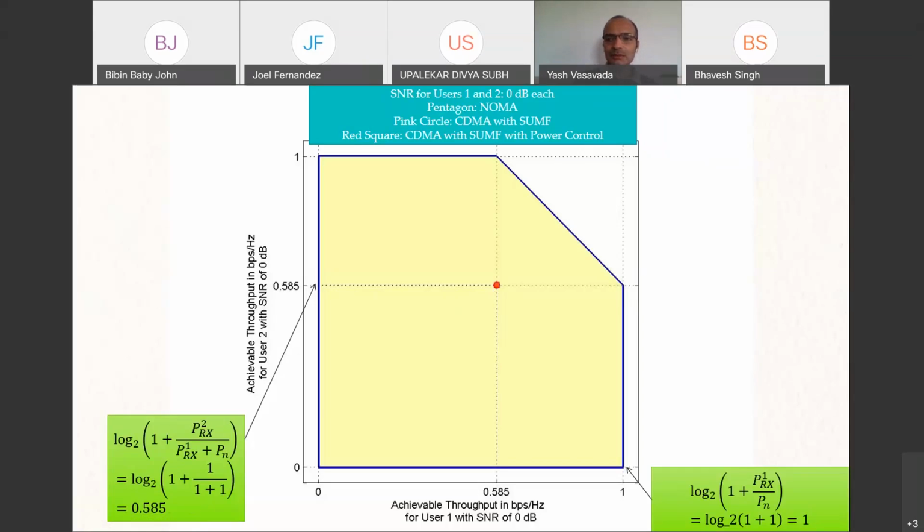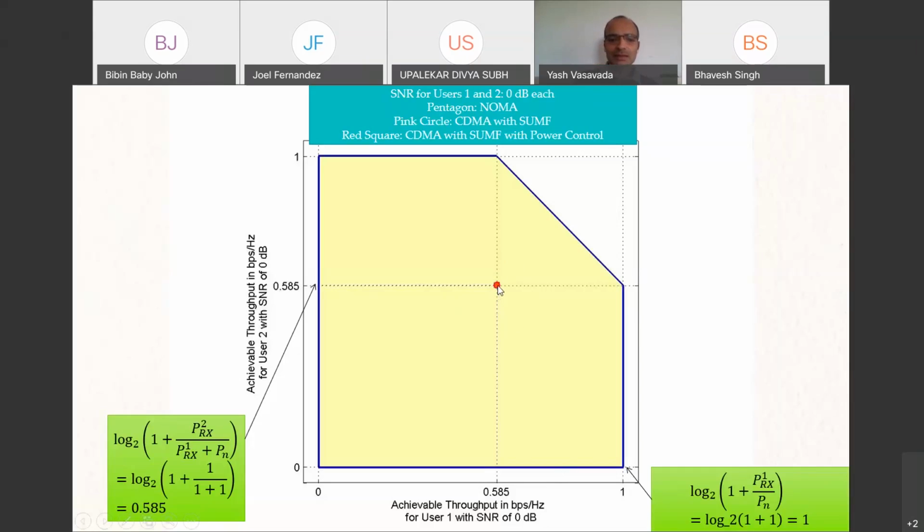No, you are not audible. You can type in the chat window. Do you know why I put the CDMA capacity point at this location?